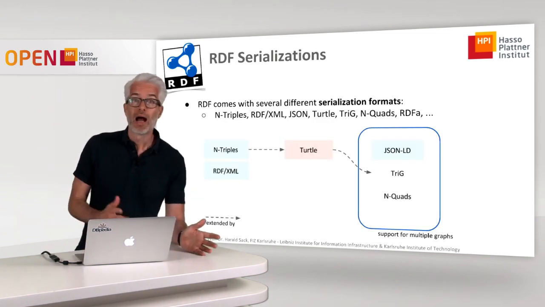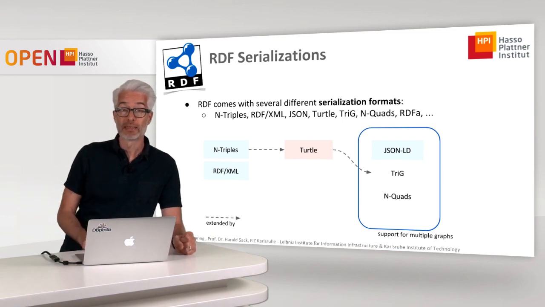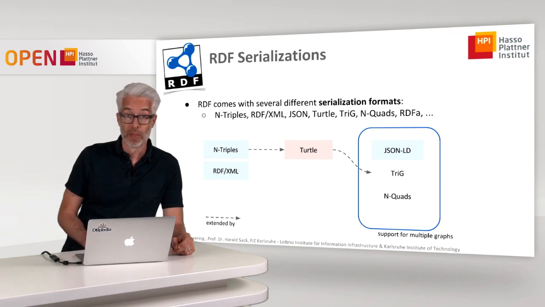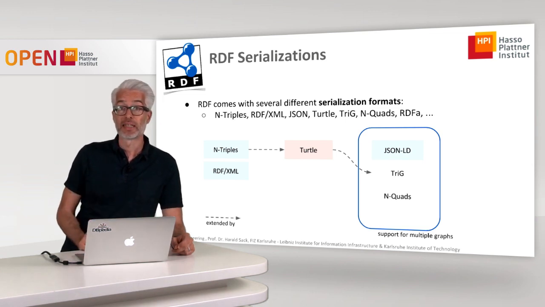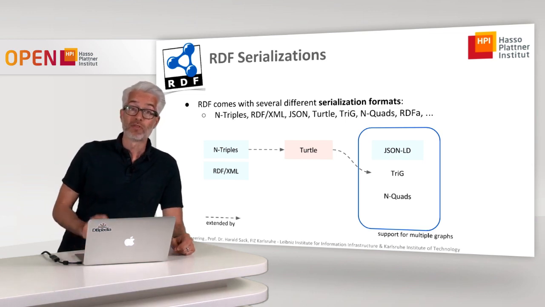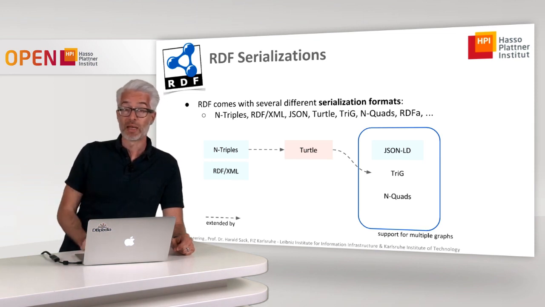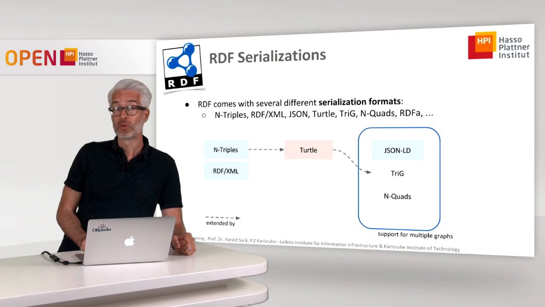Okay, how do I write RDF statements, RDF triples, in the web? There are several serialization formats. We have learned about N-Triples. This is the most basic format, but it is a bit uncomfortable because, for example, if you want to express lots of facts about the same subject, you have to repeat the same URI over and over again.